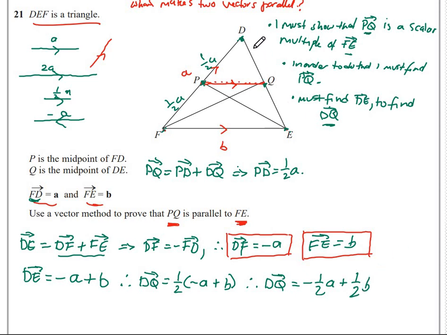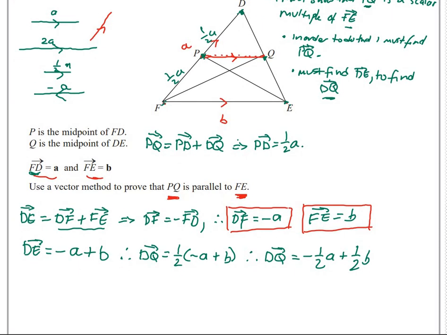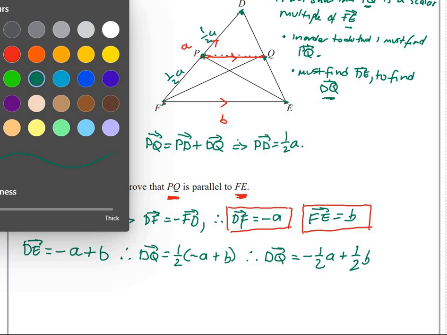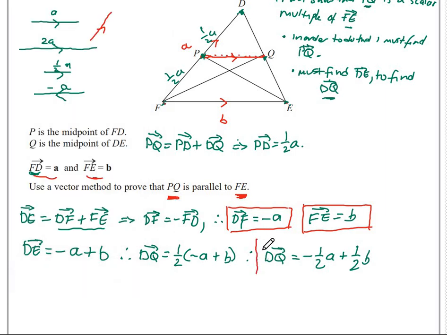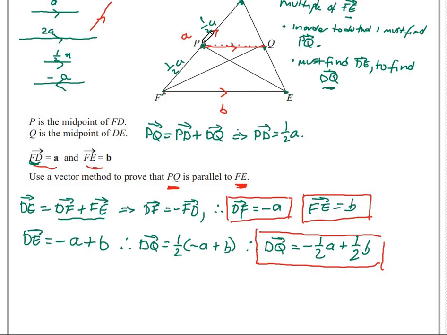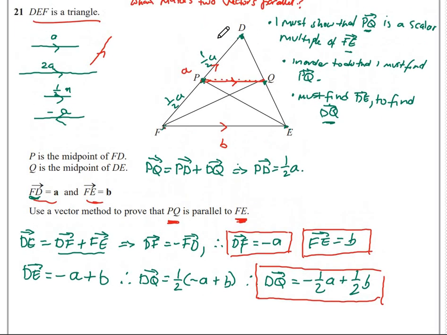There's not enough space to write it there. So I found DQ. Now I have PD and I have DQ.